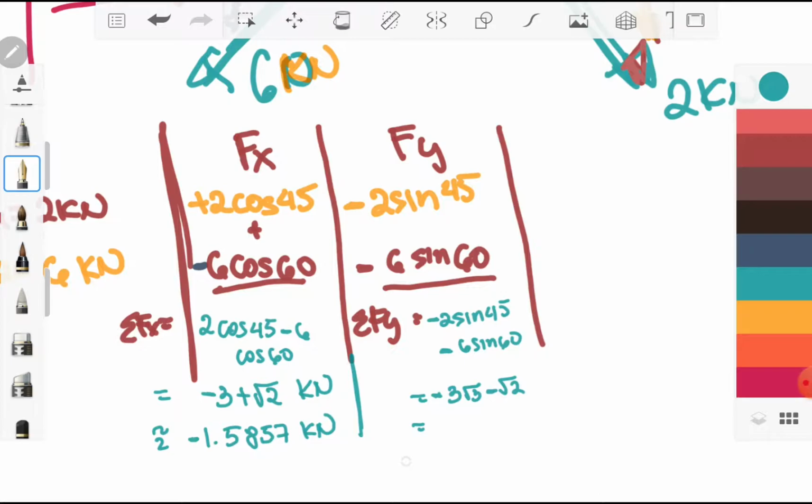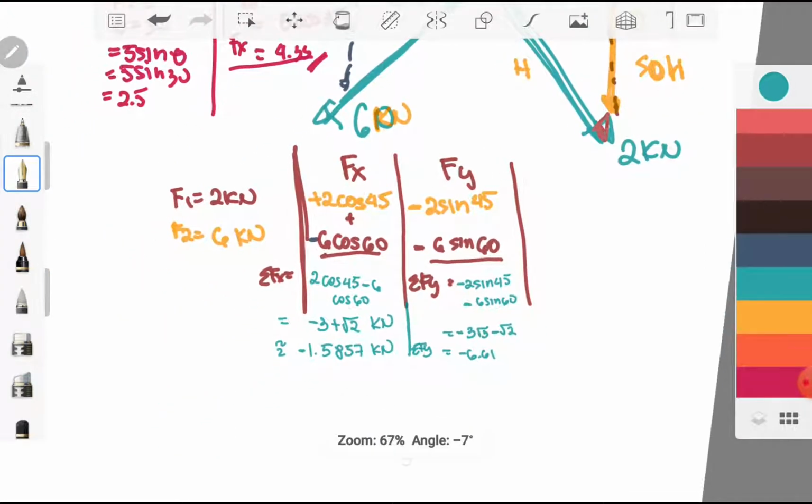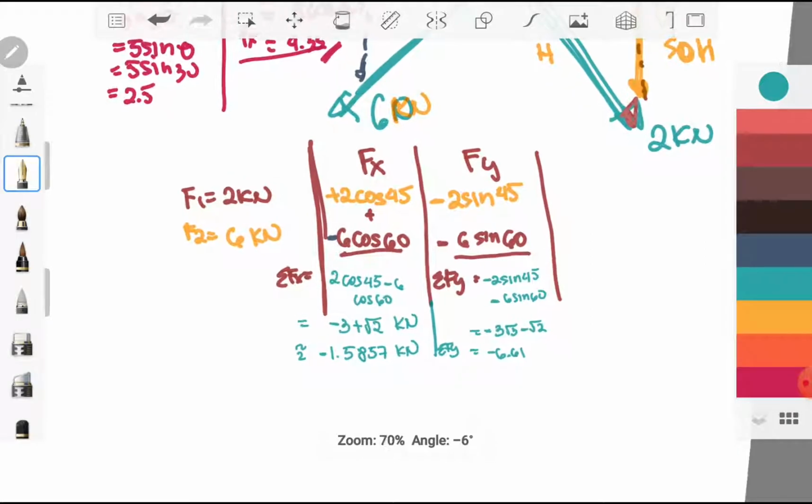So negative 3 square root of 3 minus square root of 2, which is equal to negative 6.61. That is your summation of Fy. Okay?